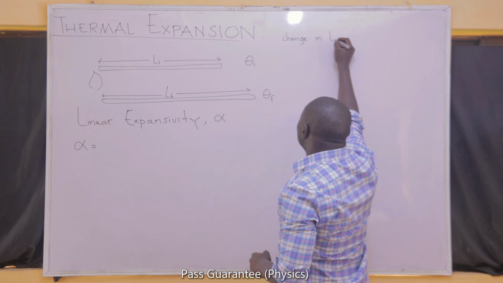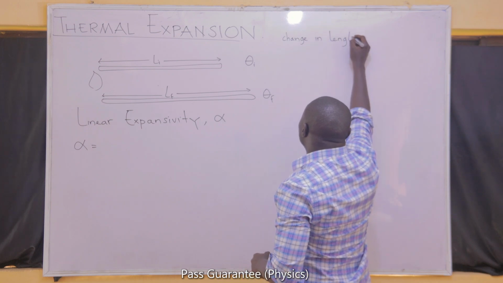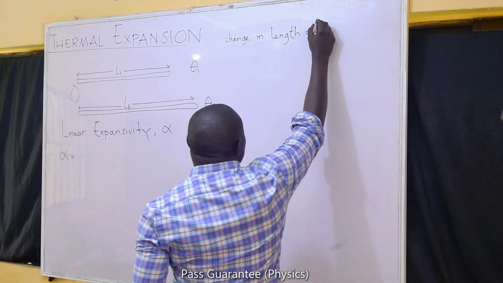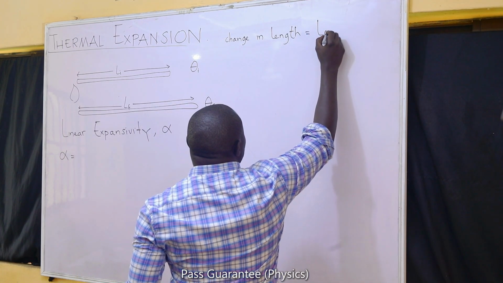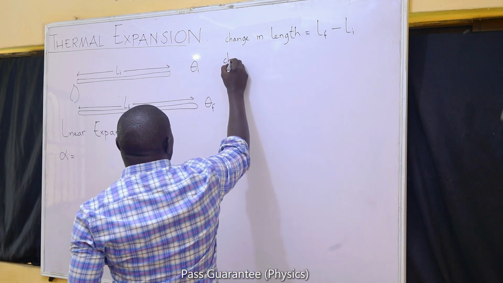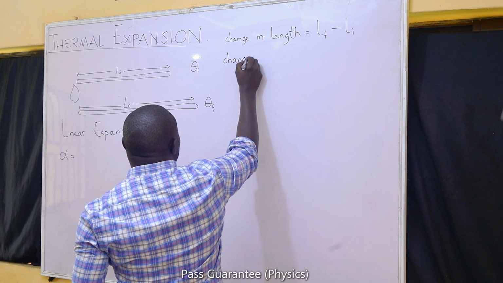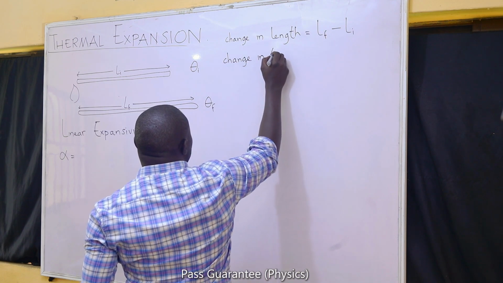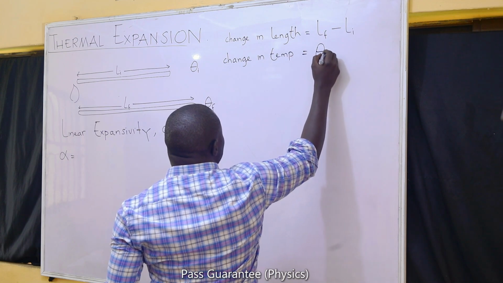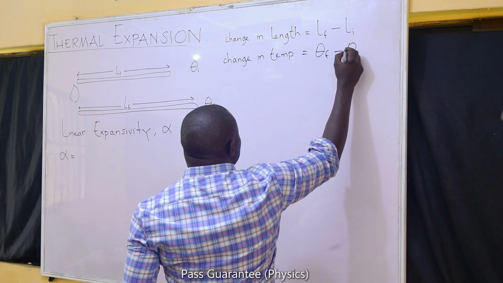The change in the length of this material will be obtained by simply subtracting the original length from the final length. That will be Lf minus Li. I can also be asked to find the change in temperature of this material. The change in temperature must be theta F minus theta I.